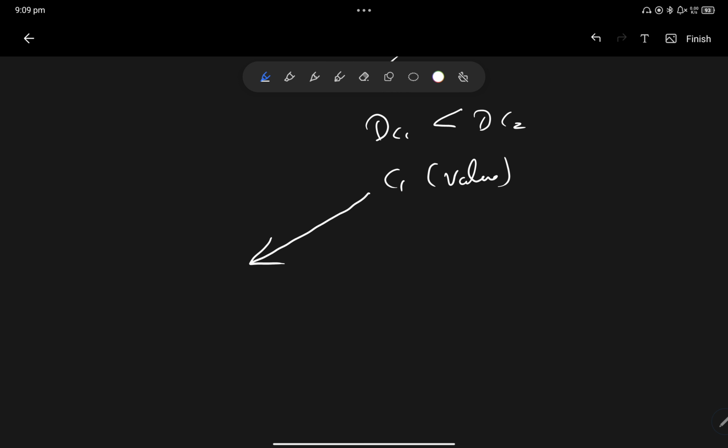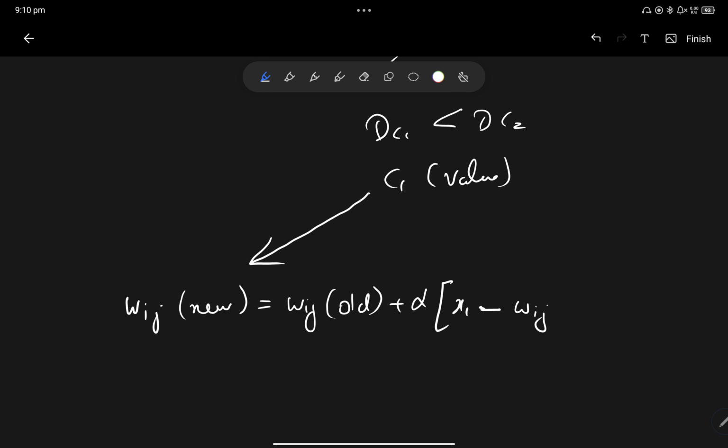So what is the formula for C1? W_ij new is equal to W_ij old plus alpha times (x_i minus W_ij old).